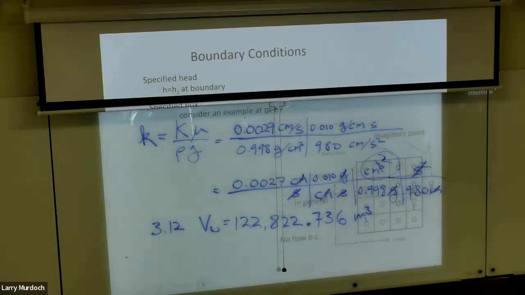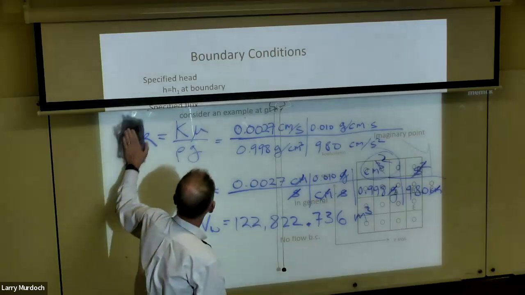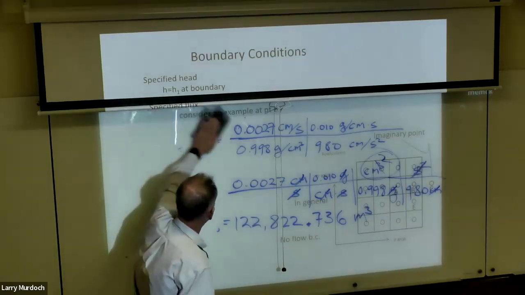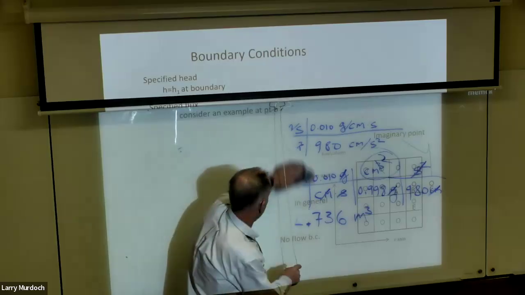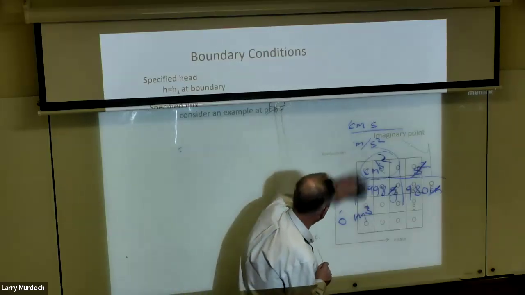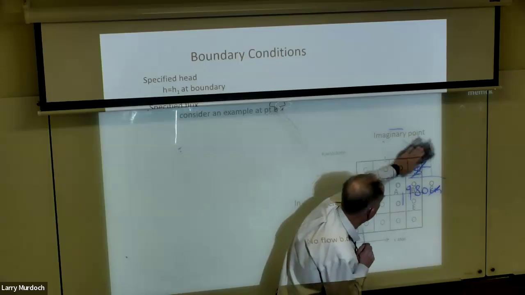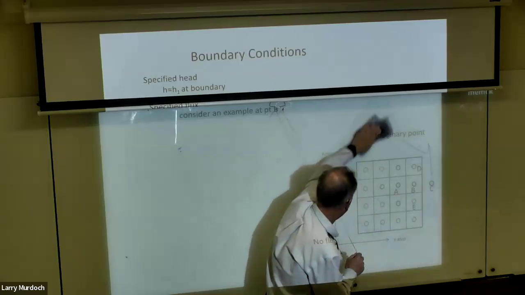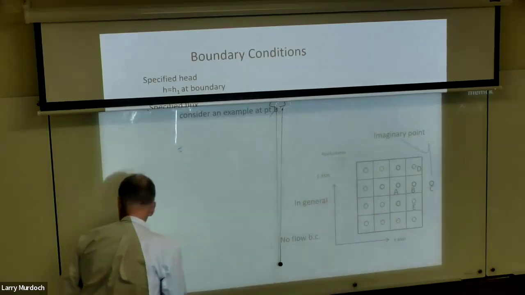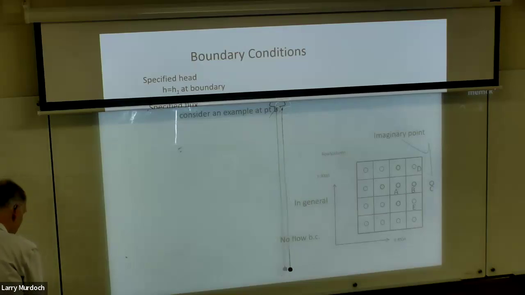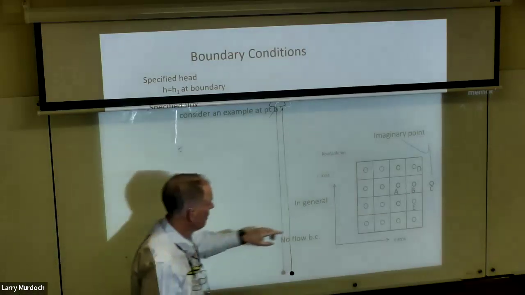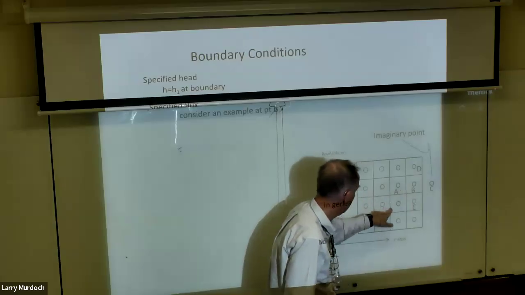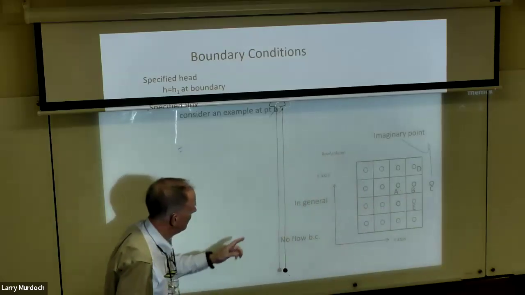Okay, so I want to get back to the problem where we were at the end of class last week, where we have an equation for all of the interior points. So that's done.